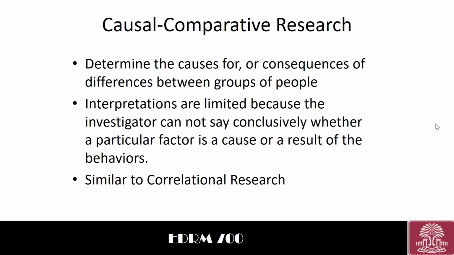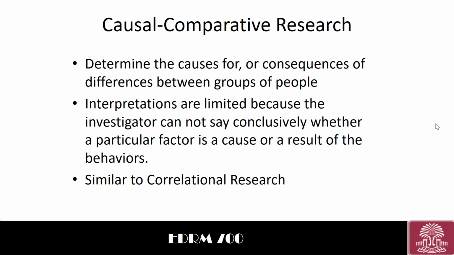Causal comparative studies determine the causes for or consequences of differences between groups of people. The interpretations are limited because the investigator cannot say conclusively whether a particular factor is a cause or a result of the behaviors. It is similar to correlational research.